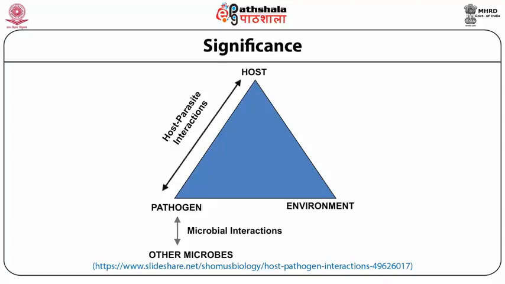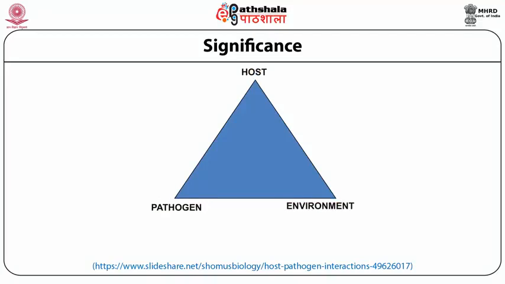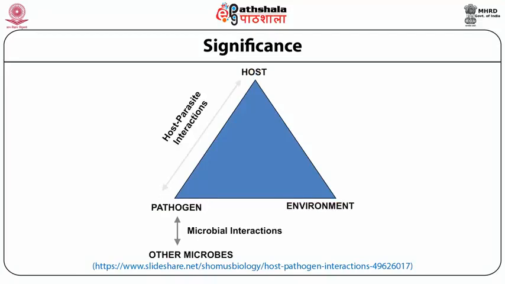So whenever there is a rapid change in environment, from summer to winter, heat to cold, or in rainy seasons, whenever the environment changes, it puts stress on the host, and that becomes a favorable condition for the pathogen to establish its infection in the host.